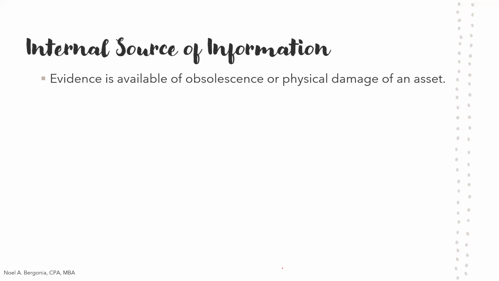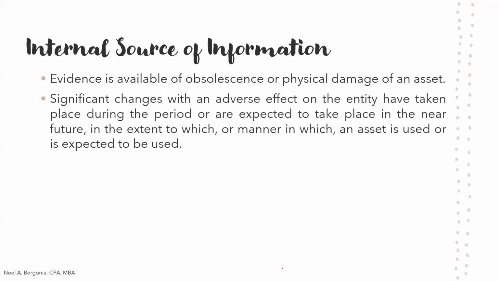Then that's an internal source. We also have, kagaya kanina, some significant changes with an adverse effect that would affect our company in the future, such as possible restructuring of the business, o kaya naman transferring from one location to another, or even our particular company is already experiencing losses.